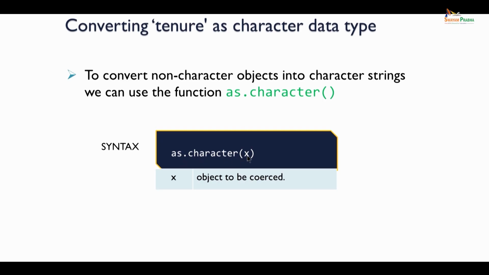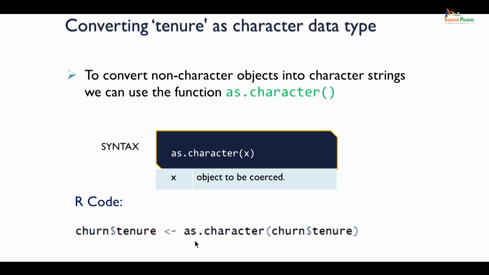As.character is the function, x is nothing but the object that is to be coerced. So, now we are converting the tenure to a character variable. I am accessing the tenure from the data frame called churn, and I am reassigning that to the existing data frame by specifying the column as well.